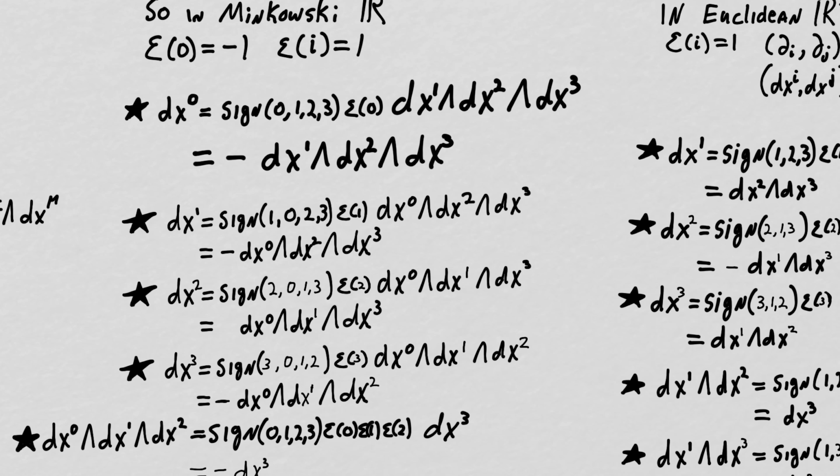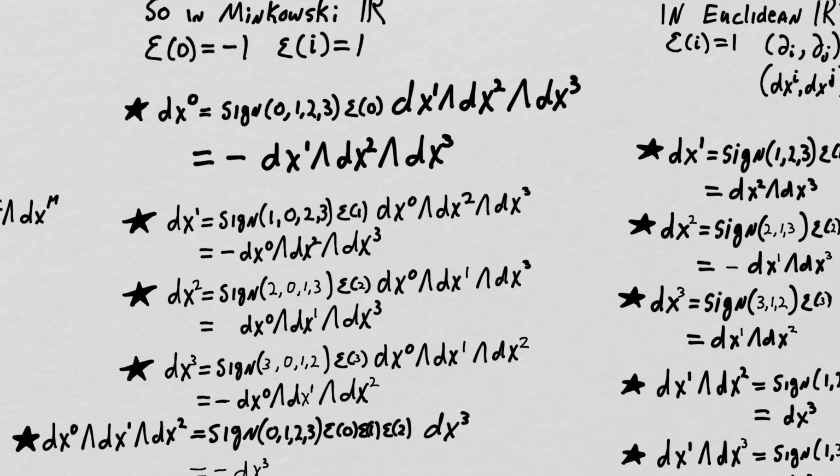Now, it's 4 dimensions, and dx0 is on the left-hand side. So we know on the right-hand side, we've got to have the 3 missing vectors. So it's going to be dx1, dx2, dx3. And I've just chosen it to be in the easy order 1, 2, 3. But I could have chosen them to be in any order, because the sign would have changed if I'd picked some other order.